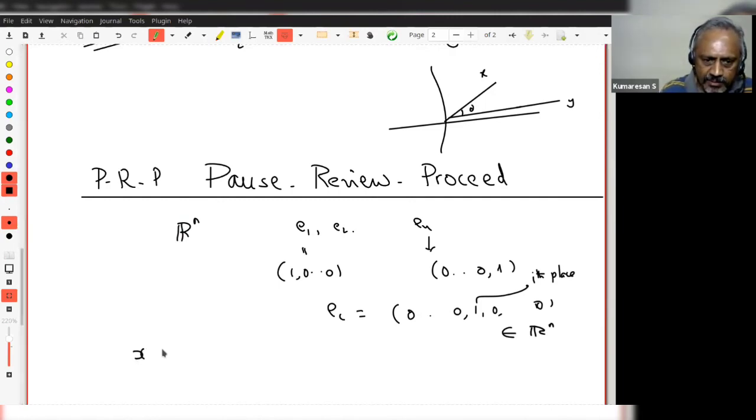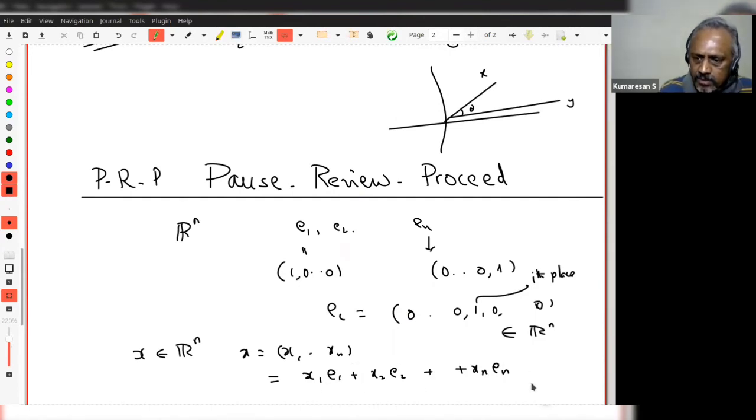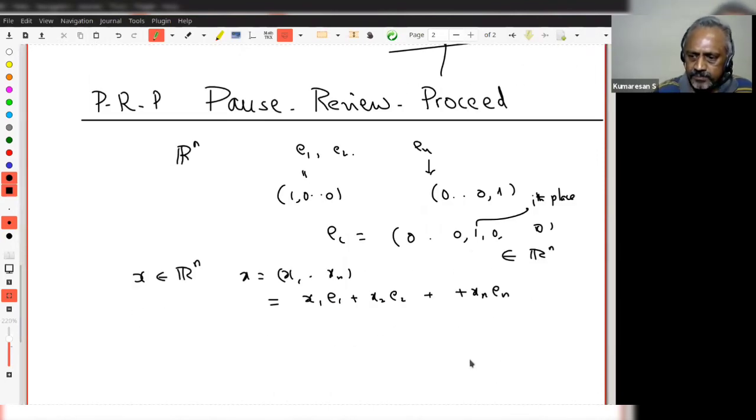Given any vector x in Rn, you write x equal to (x1, ..., xn). This is nothing other than x1 e1 plus x2 e2 plus ... plus xn en. Because x1 times e1 will be (x1, 0, ..., 0), x2 times e2 will be (0, x2, 0, ..., 0), and xn times en will be (0, ..., 0, xn). Do all of you know this? Can I take it for granted? Please say yes.